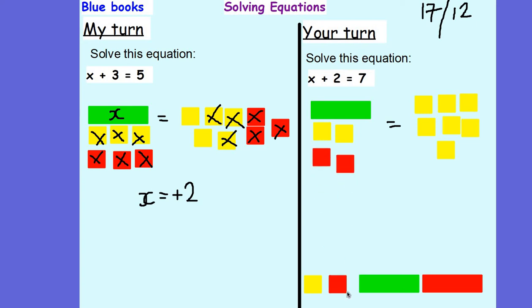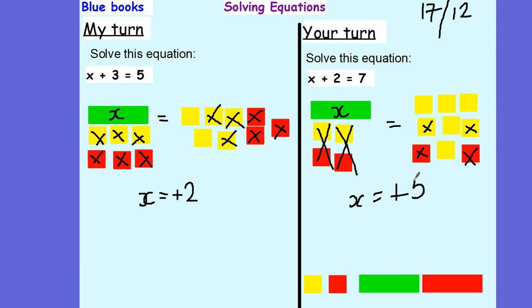If I add 2 red squares, I can then cancel out my 0 pairs, and I'm left with the green rectangle, or X, is equal to 1, 2, 3, 4, positive 5.